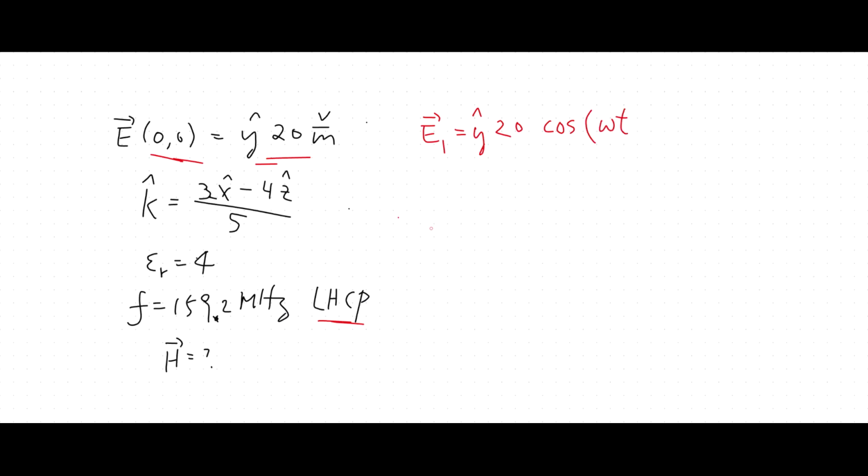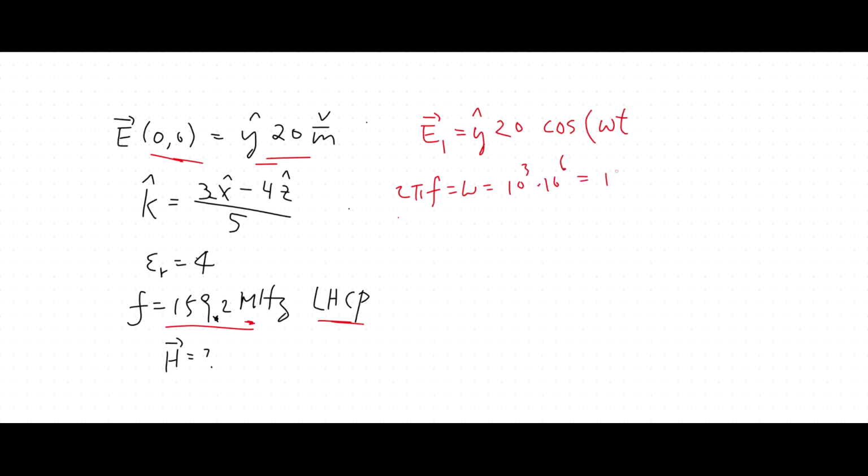The frequency is 159.2 megahertz. Why am I so specific on this number? Because if I multiply that by 2 pi, where 2 pi is around 6, then 6 times this is about 1,000. So 2 pi f, which is omega, is roughly 1,000 times mega. Mega is 10 to the 6. So omega is 10 to the 9.